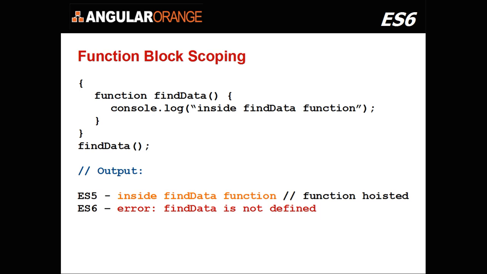But in ES5, you would actually log inside the findData function because the function is hoisted. But this gives us the ability to write safer code and understand how to define functions in a particular scope and have more control of our function block scope.